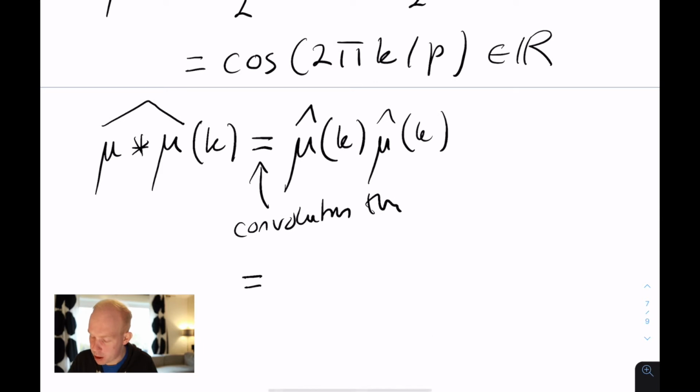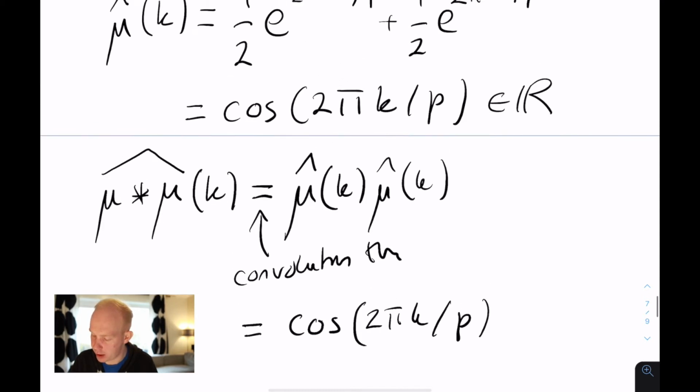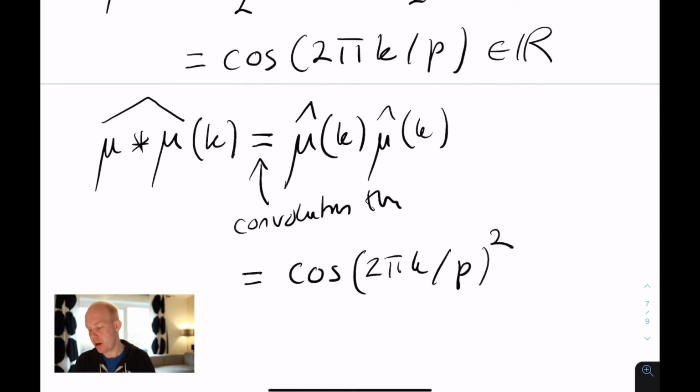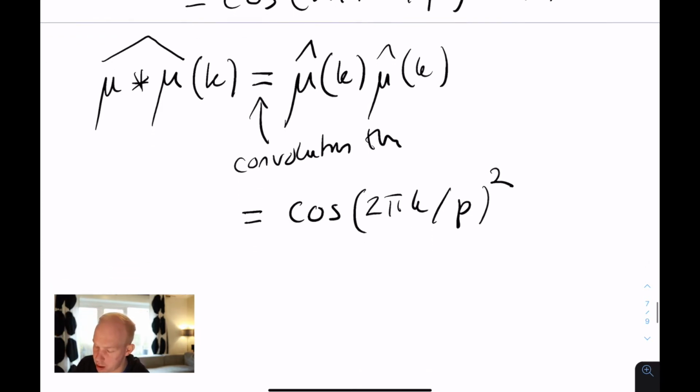And now if you take the power, you just take the cosine of 2 pi k over p, as we had here, to the power 2. So just studying the cosine powers, you can get into understanding what these Fourier coefficients are.